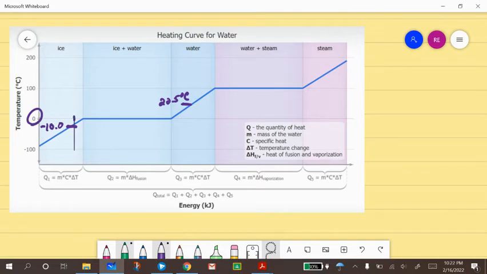In our first area right here, we're changing temperature, so we're going to calculate Q for that area first. Then in the second area, we're going through just a phase change, so we're going to have to use the enthalpy of fusion there. And then in the third part, we're changing temperature again, so we're going to use Q equals MC delta T.